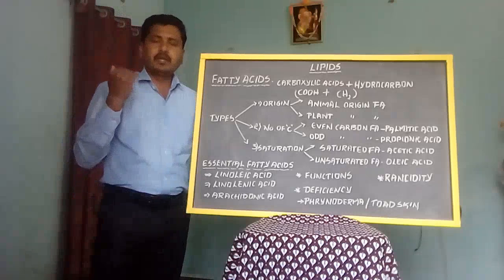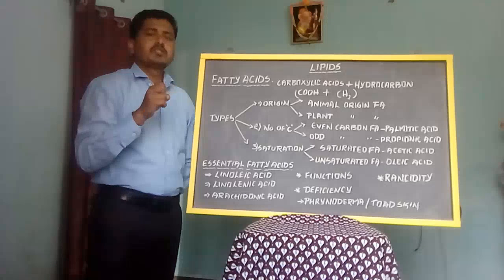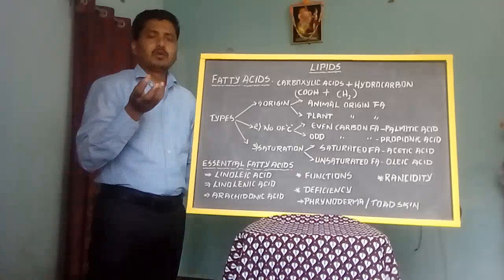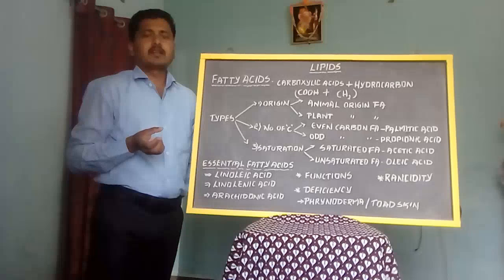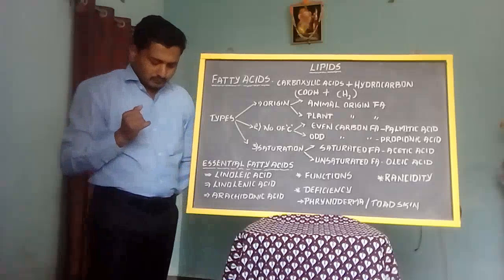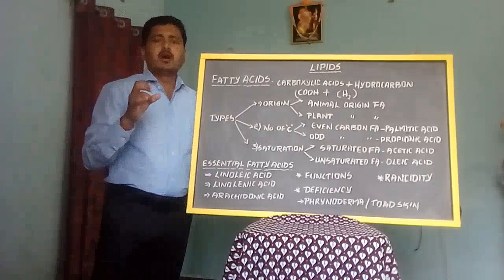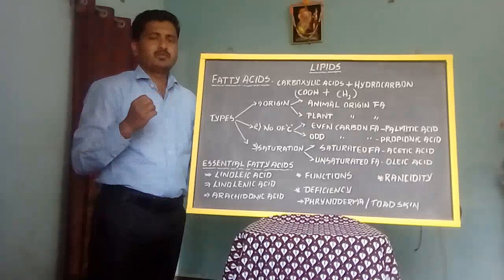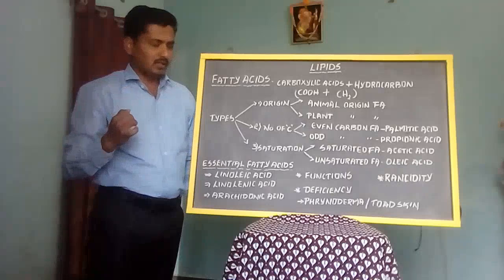By the action of bacterial enzymes, the oils we keep in the house become rancid or lose their original nature. That we call hydrolytic rancidity. And one more thing, rancid oil is harmful to human consumption. We do not consume rancid oil or foods. It is bad for human health.